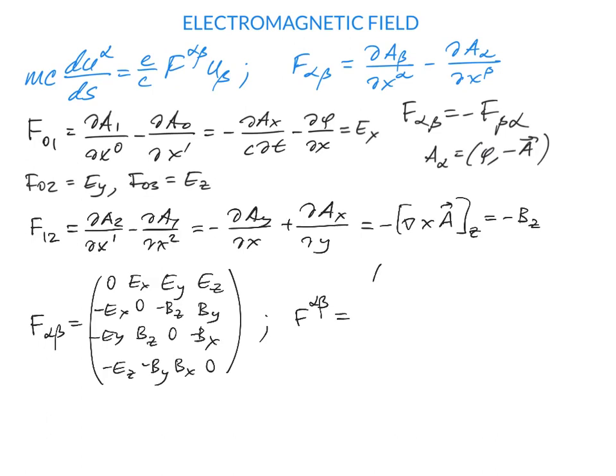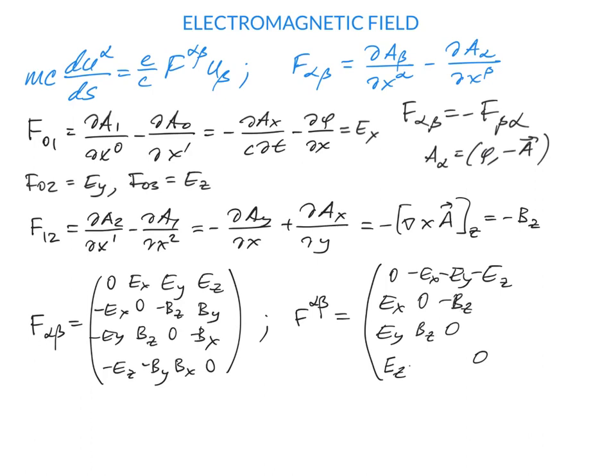If one of them is time-like and the other space-like, there is a sign change. So the components containing the electric field will change sign, but the magnetic field will keep the signs that it had with covariant indices.